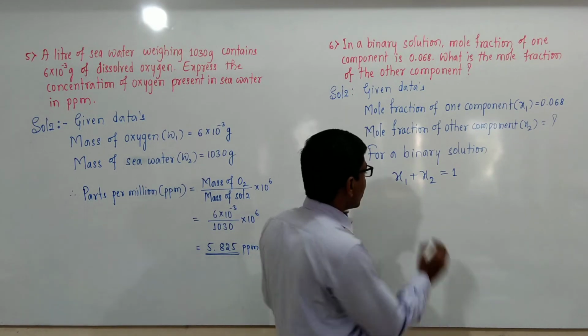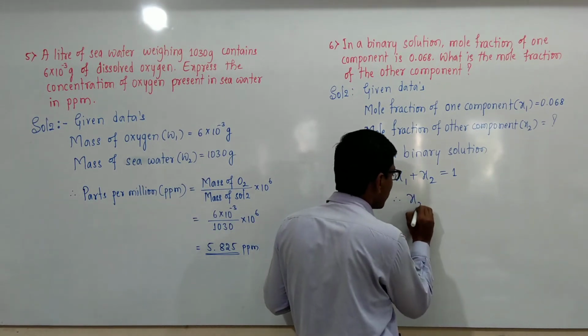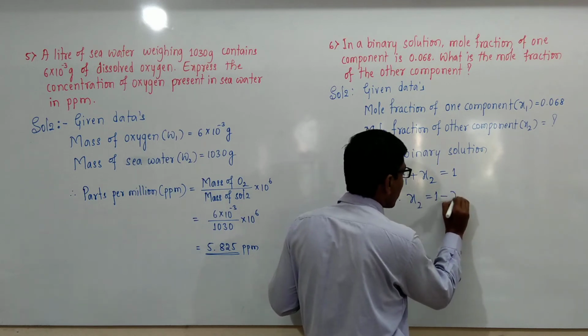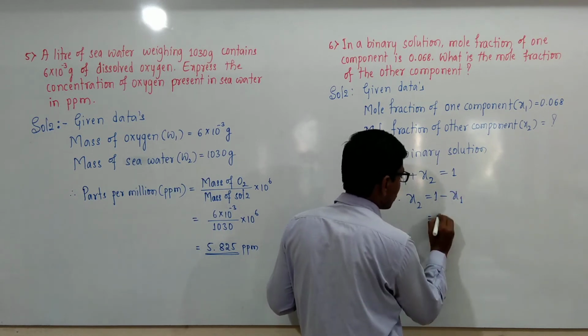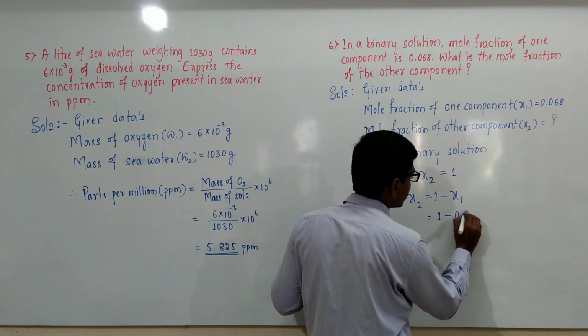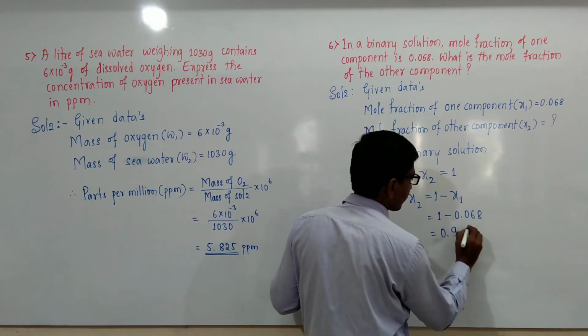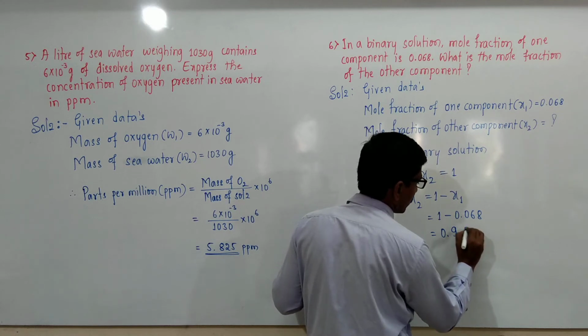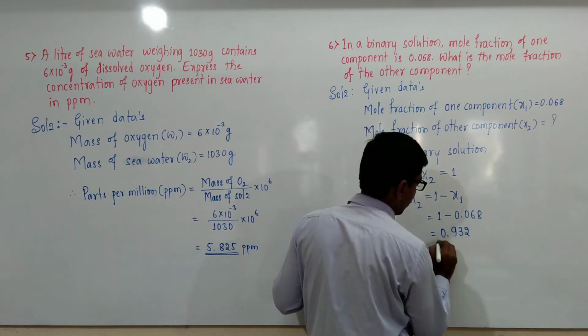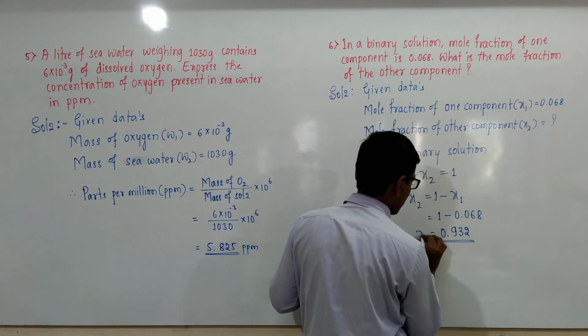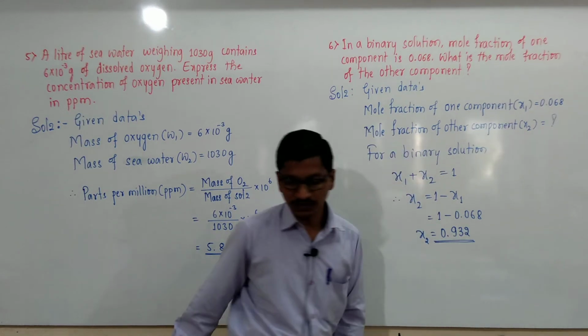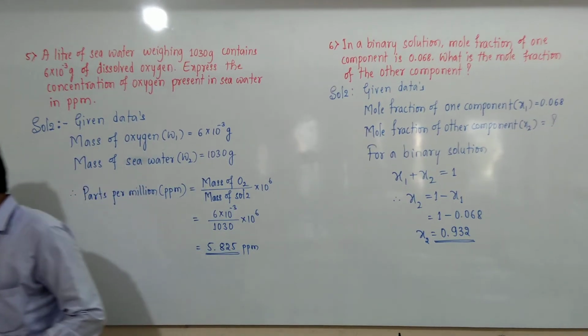We know x1 and we have to calculate x2 by using 1 minus x1. 1 minus 0.068 is equal to 0.923. This is x2.